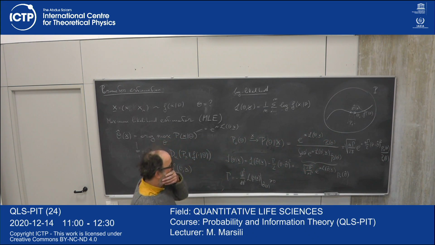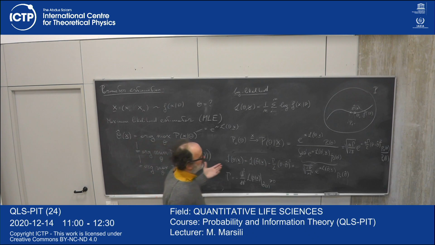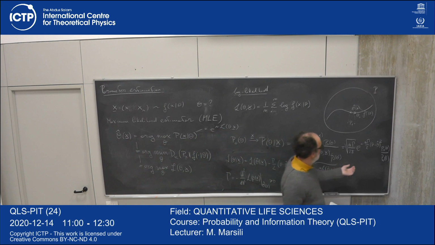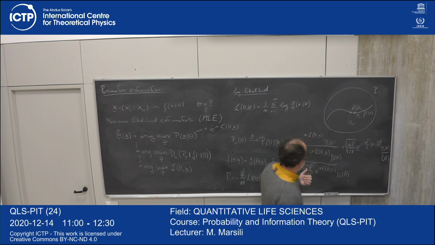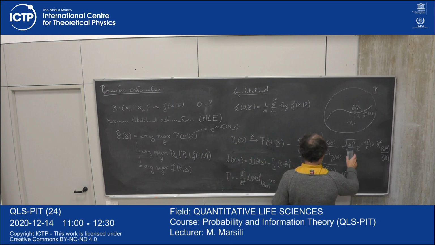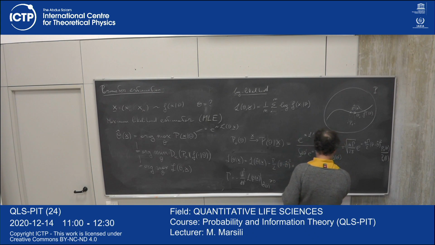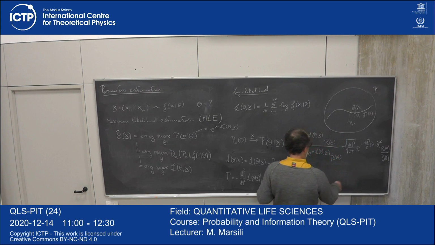Okay, so now what this tells you is that the posterior distribution on the parameter is expected to be a Gaussian with a variance which is given by the inverse of this gamma.